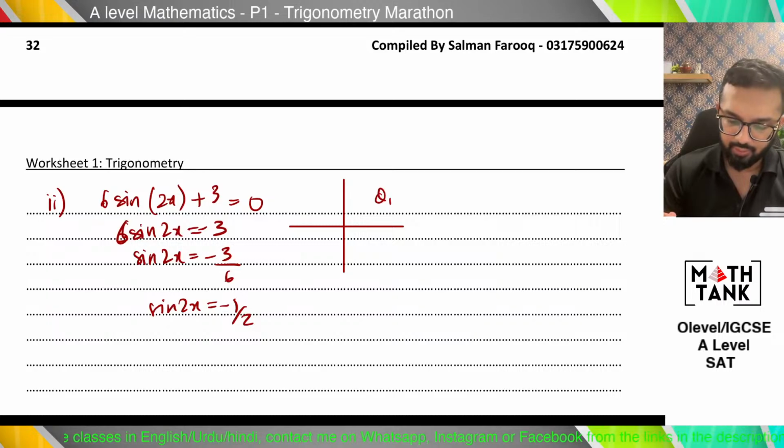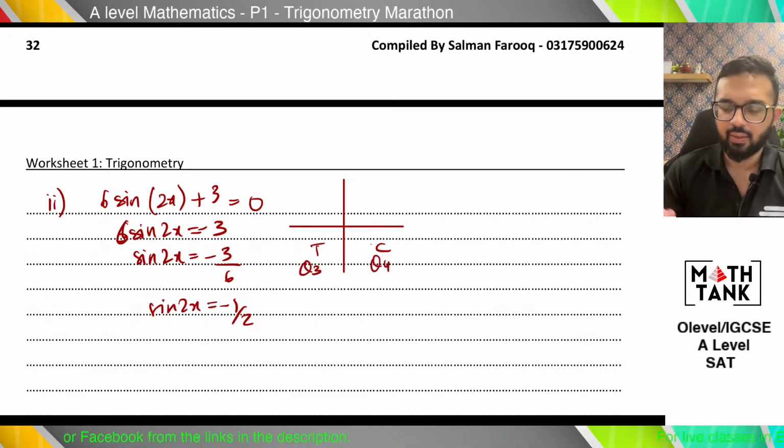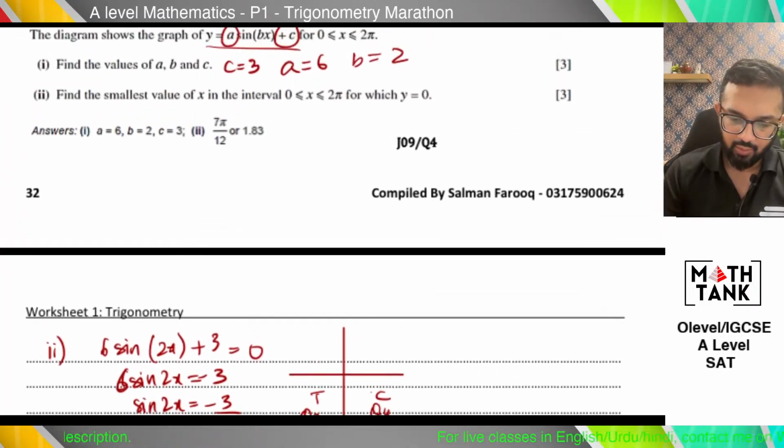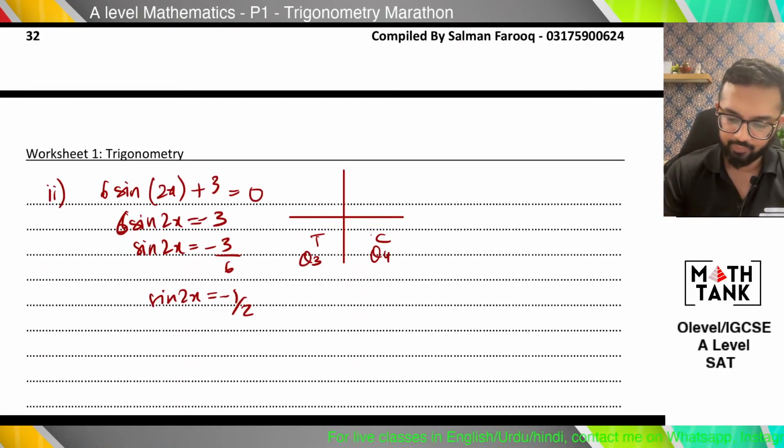So either quadrant 3 and 4, C and C. Although it said sine 2x, the idea is I just need to find the smallest value, so that wouldn't be a lot of work. Okay, quadrant 3.